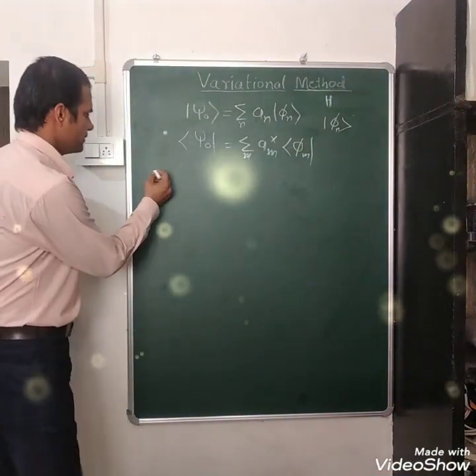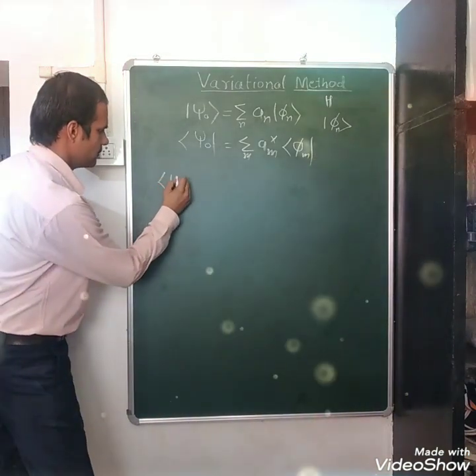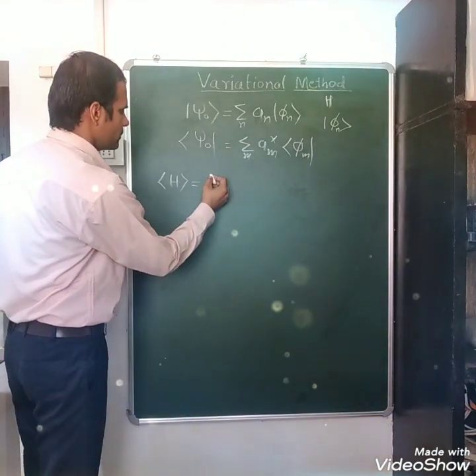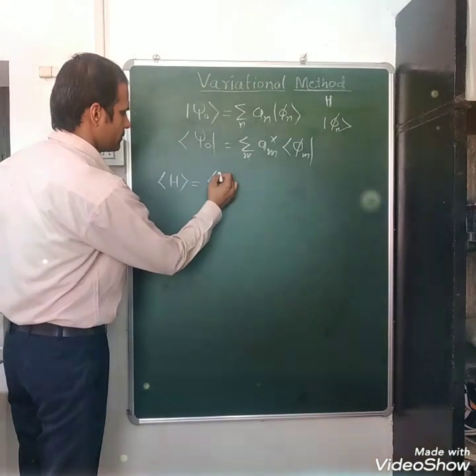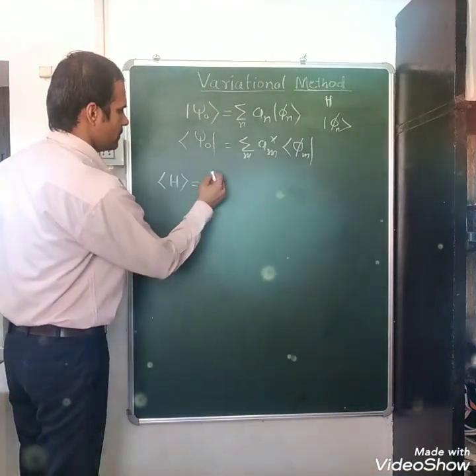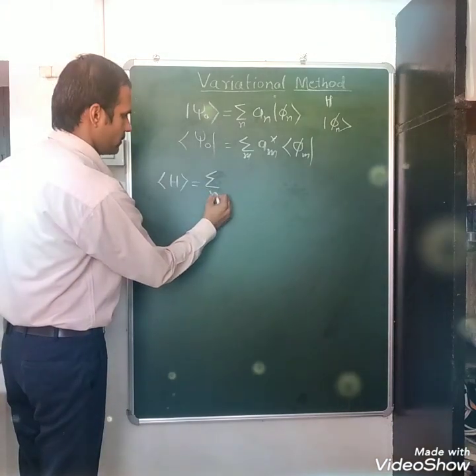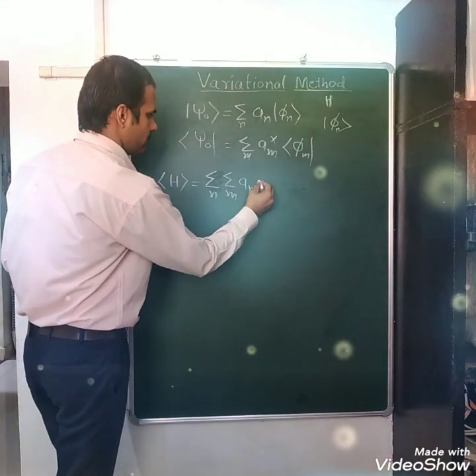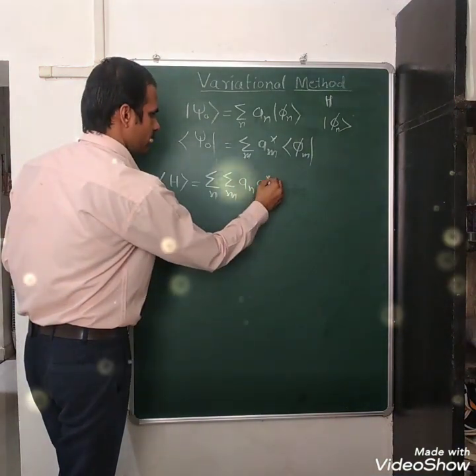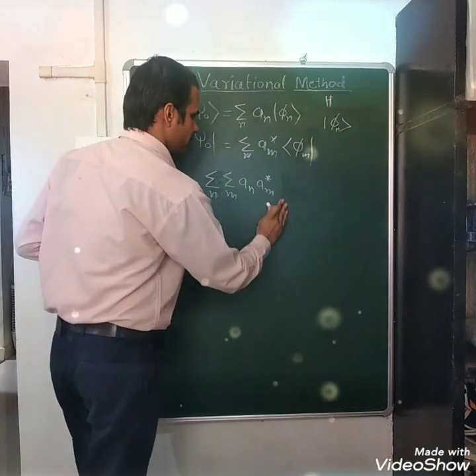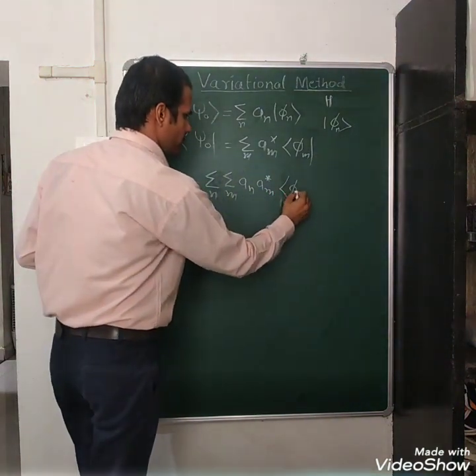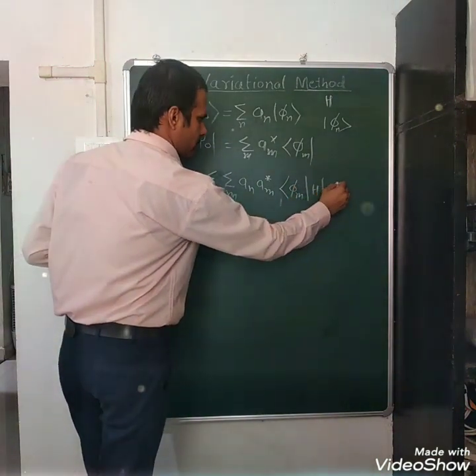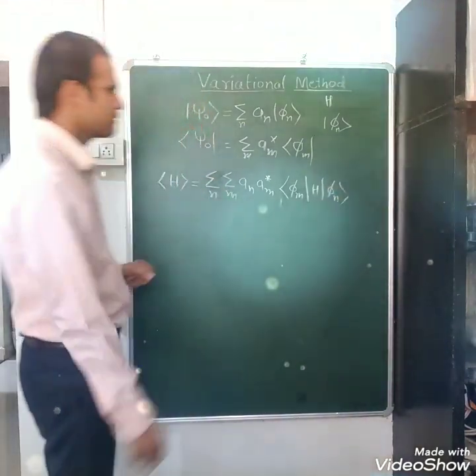Now the expectation of H can be written as the summation over n, summation over m, of a m star, a n, bra m H ket n.